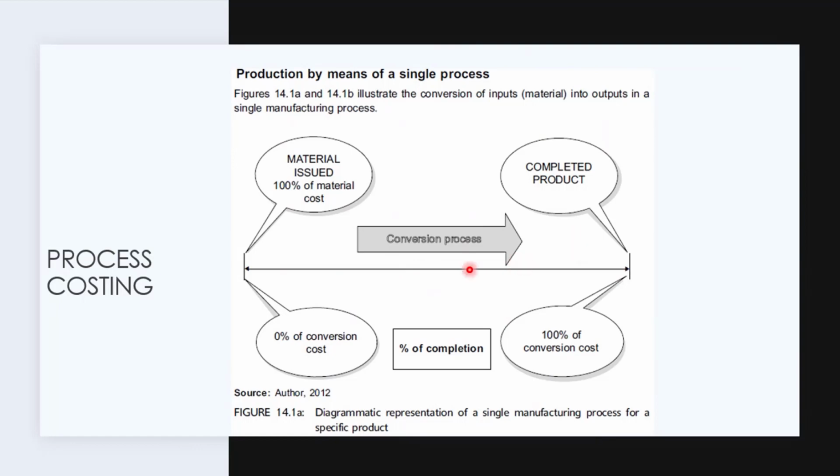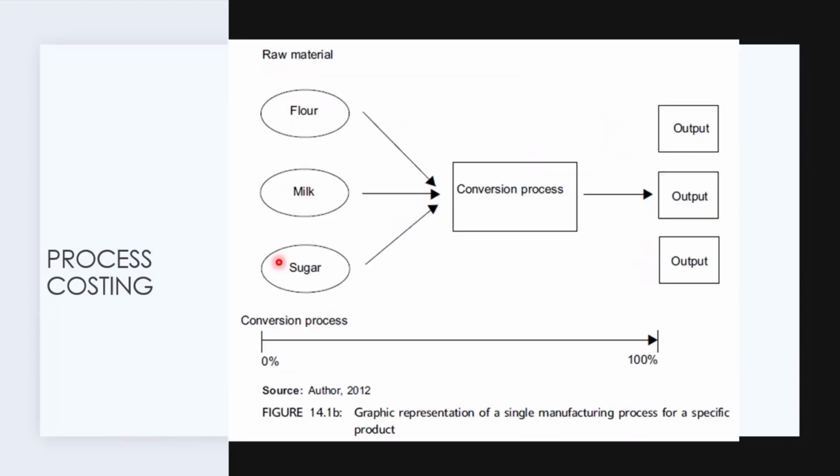This is a diagram to show a single manufacturing process: materials issued at the beginning, there's a conversion process, and then a completed product at the end.